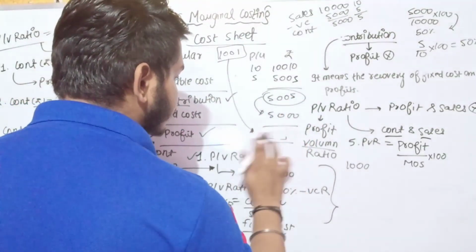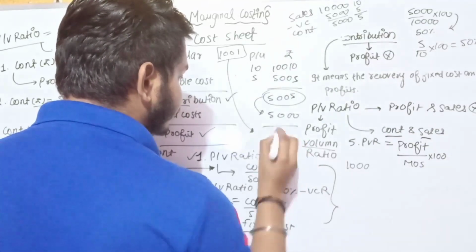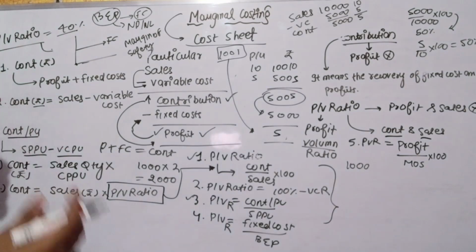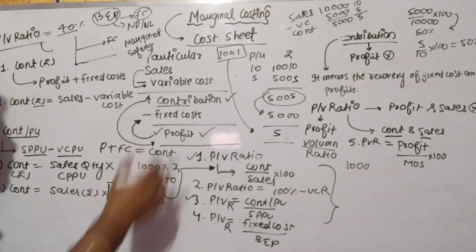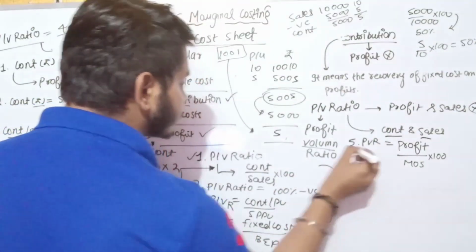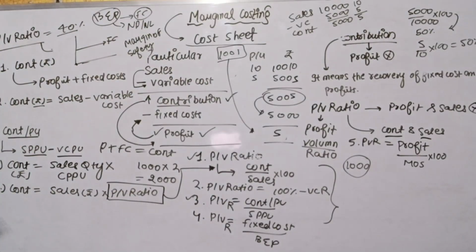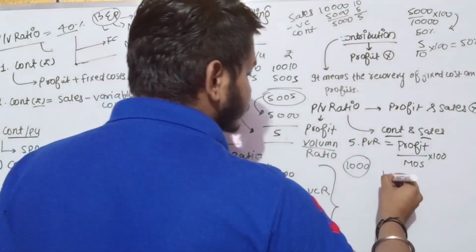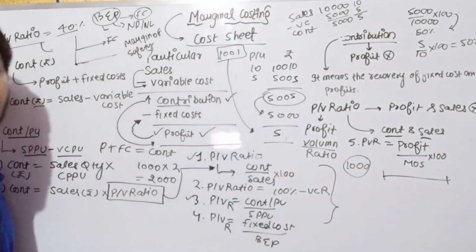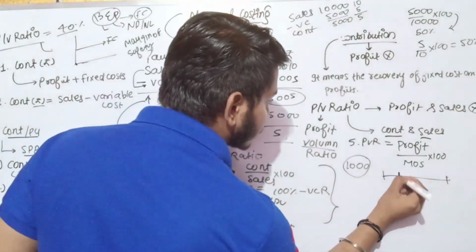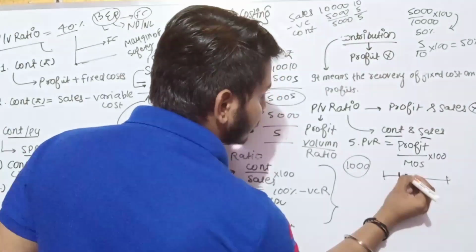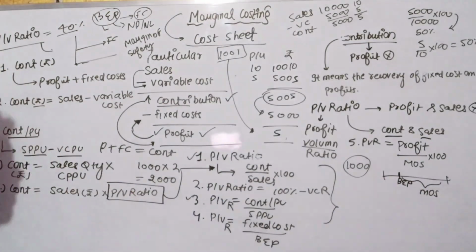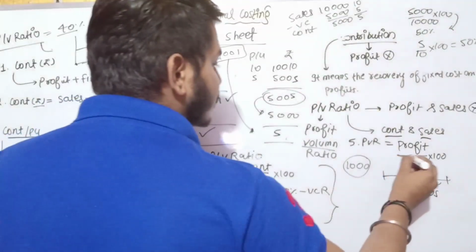The profit will be 5. So if I increase even a single unit after 1000 units, I would be earning profits. Suppose this is total sales and my BEP point is here. The remaining portion is known as MOS, margin of safety. So this is an element of CVP analysis.